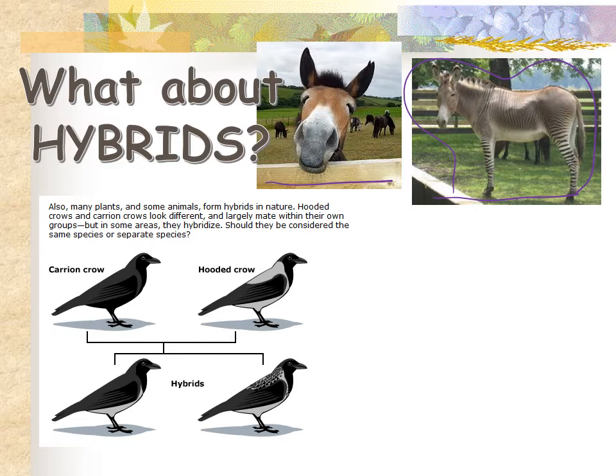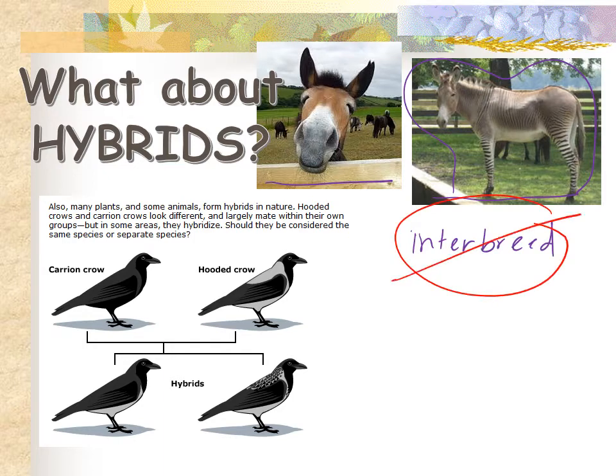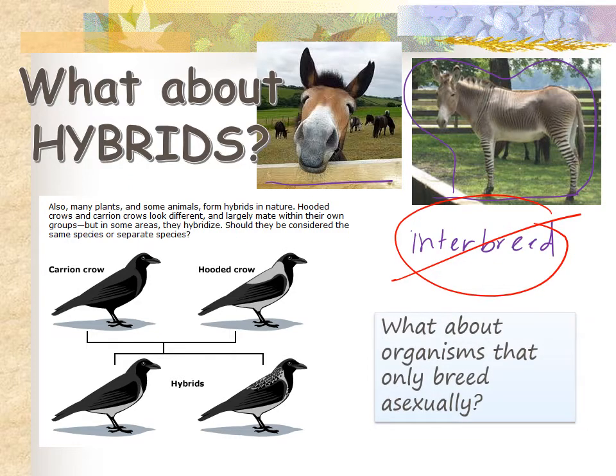Are they separate species? If you go by the strict definition we just laid out, they wouldn't be their own species because they cannot interbreed with each other. You cannot get more zonkies by mating zonkies. They're sterile because of their mixed up chromosomes.